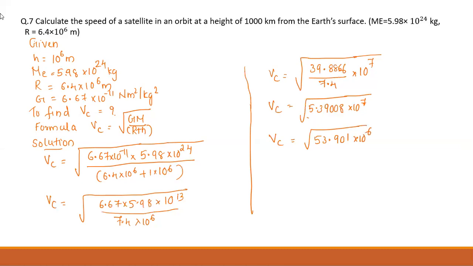Root of 53.901 is 7.34 into 10 raised to 3 meter per second. So this is the speed of the satellite orbiting at a height 1000 km from the surface of the earth.